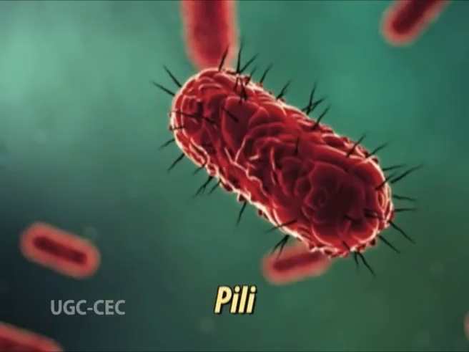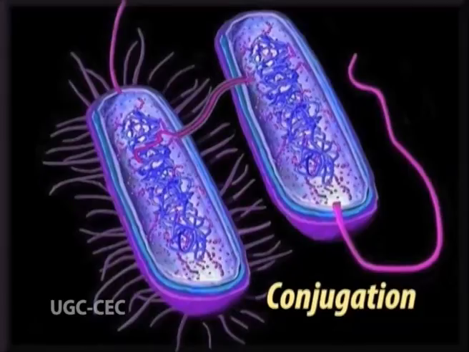They are short, thin, elongate and tubular structures, more rigid in appearance than flagella, which are made up of special proteins like pilins. In addition to their role in conjugation, they also function as receptors for donor specific, male specific phages.